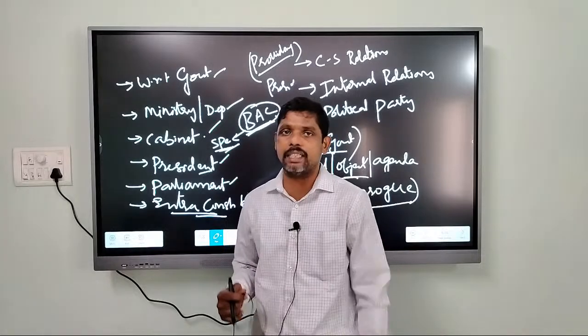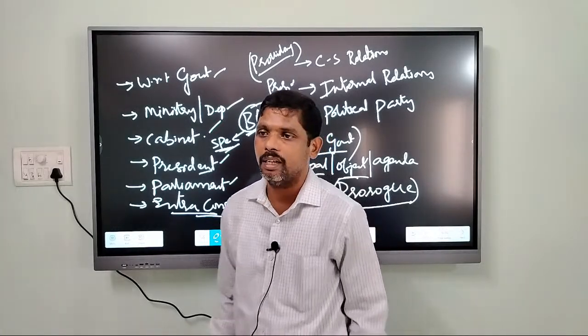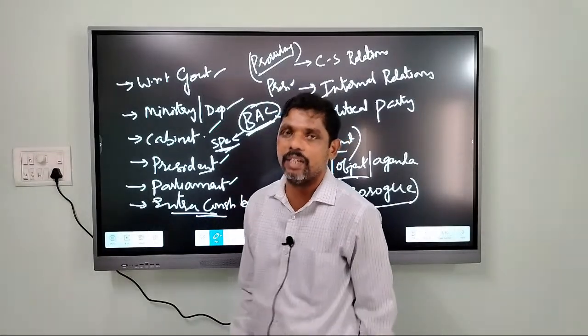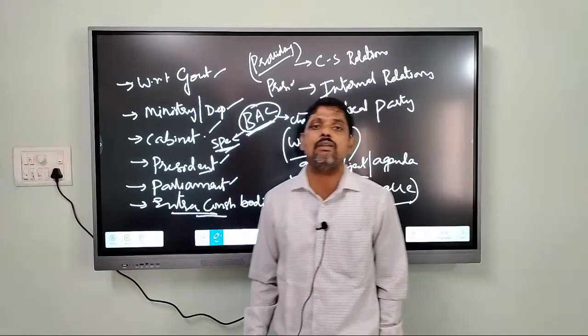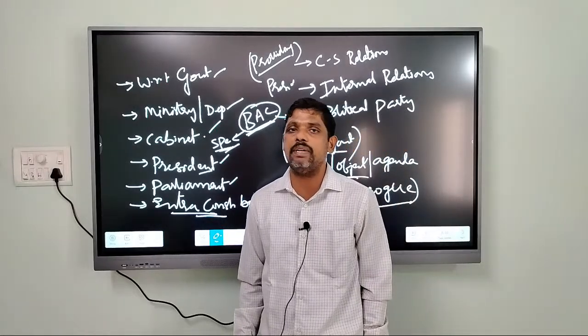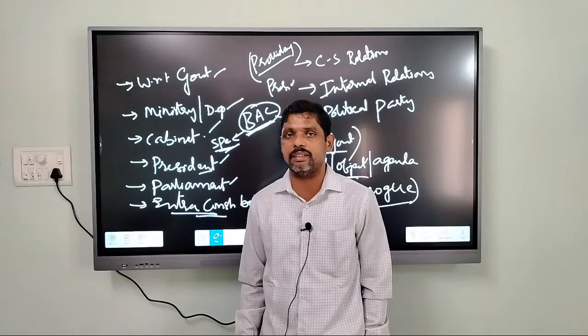And coming to the interstate council, Article 263 of the Indian Constitution deals with the interstate council. These interstate councils are also chaired by the Prime Minister. So these are different institutions which are placed under the Prime Minister.